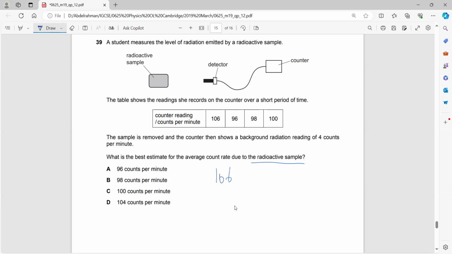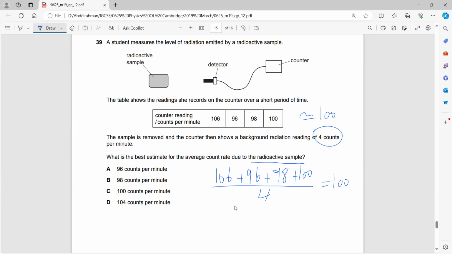You can add them up. 106 plus 96 plus 98 plus 100, divided by 4. What is the average of this? Yes, it would be 100. Excellent. Thank you. So the average of these readings is 100.